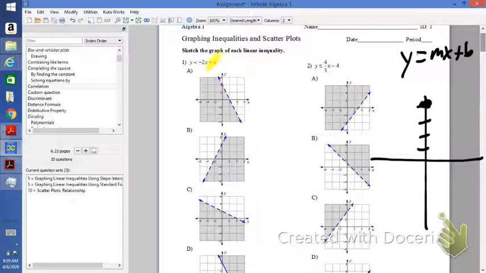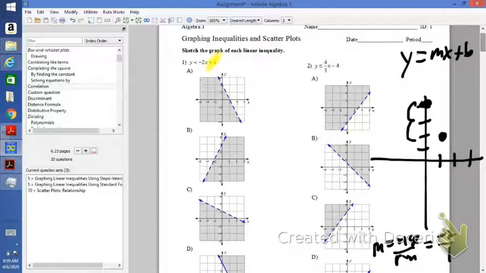Remember that slope equals rise over run, and that equals negative 2 over 1. So I'm going to go down 2, and I'm going to go over 1, which will put me right here. And then I can go down 2 over 1. Alright, so I got 3 points. All you need is 2.